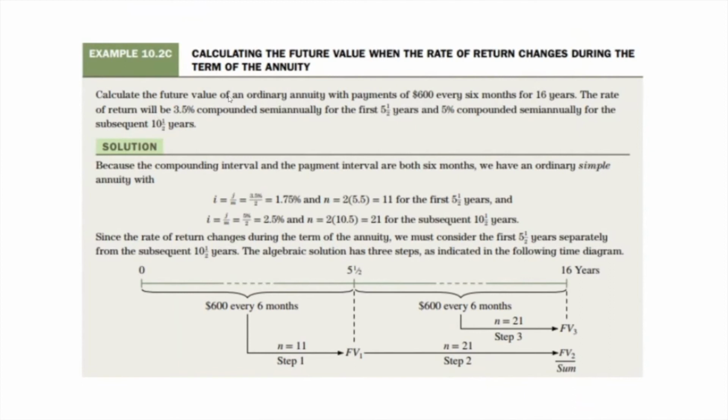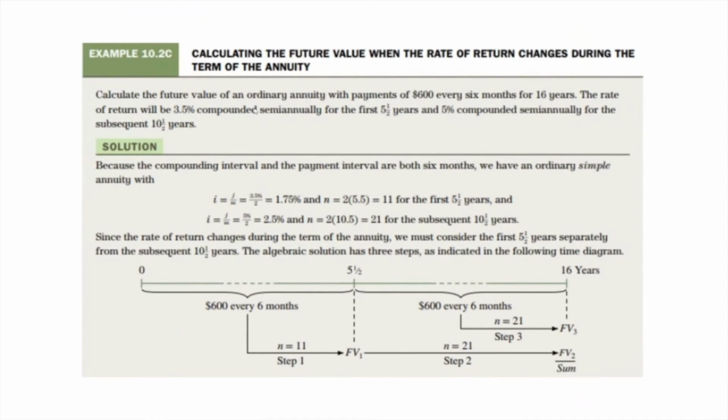The first loan is at a certain interest rate. The second loan is at a different interest rate. So all we need to do is look at the first one first. The first one goes up 5.5 years. So we've got $600 every 6 months and 3.5% for 5.5 years. So 5.5 years times 2 compounds is 11.